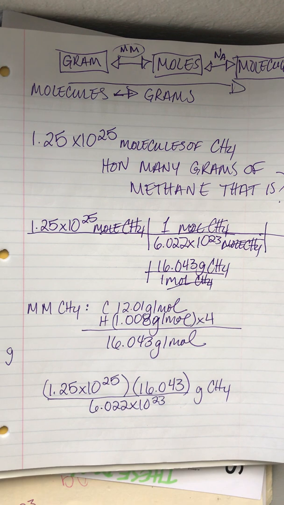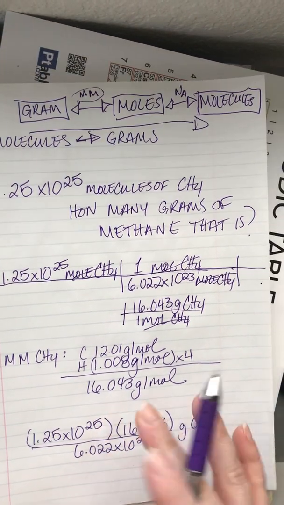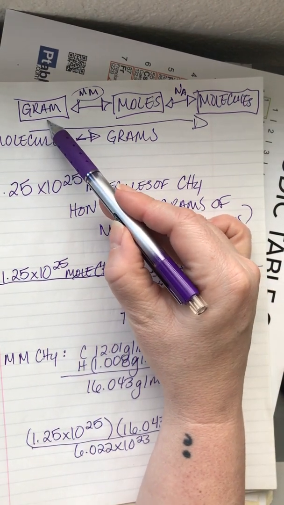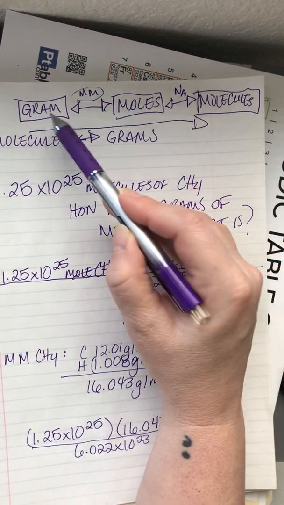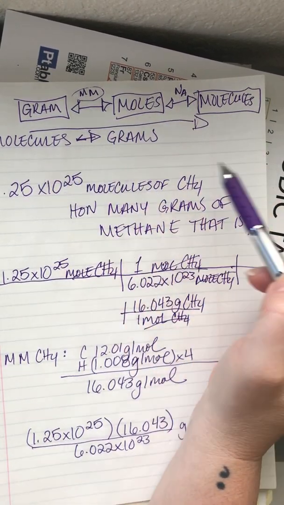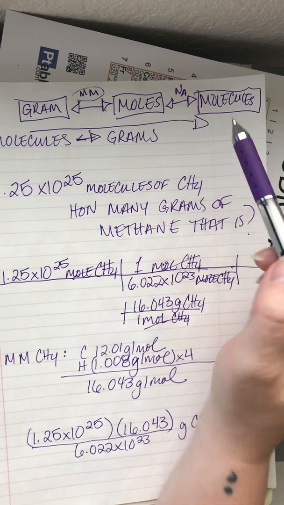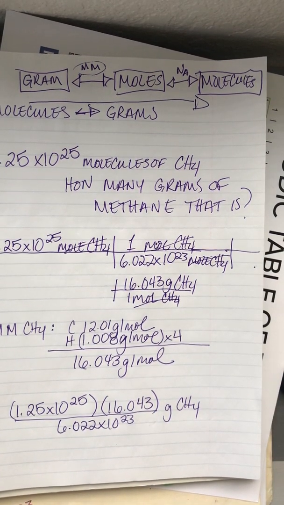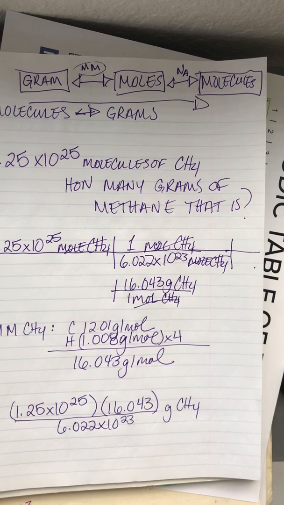The only thing is you don't always need the molar mass, so you're not always going to be going all the way from one end to another, right? Sometimes you just want to go from here to here, or here to here. So depending on the type of problem, if you know you're going to need a molar mass, then yeah, you can calculate it at the beginning. Doesn't particularly matter. Okay.